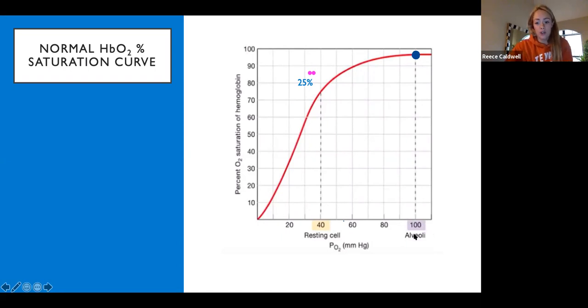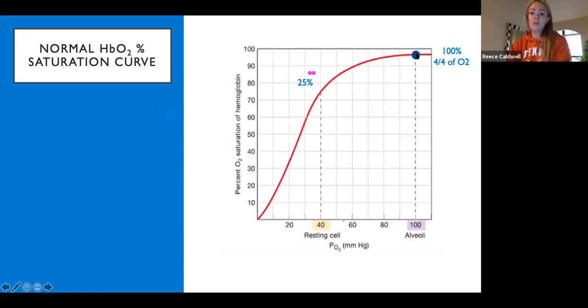At the alveoli, or the lungs, this point right here is telling us that the hemoglobin is 100% saturated. Again, this is showing us the hemoglobin oxygen percent saturation curve.